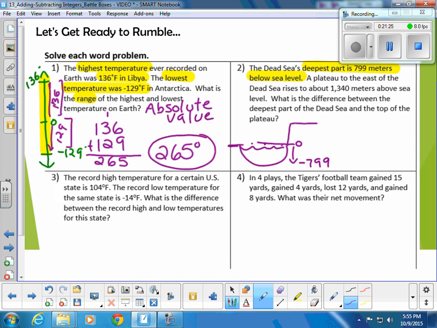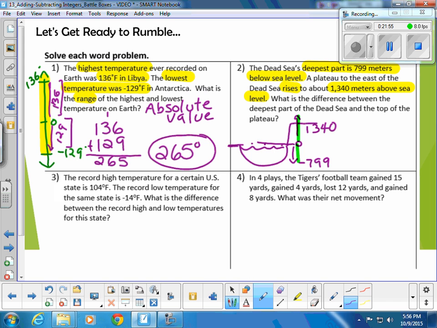And the plateau to the east of the Dead Sea rises 1,340 meters above sea level, which would be a positive because I'm going above sea level. Okay, just like the last problem, you're talking about the distance from 0 here and the distance from 0 here.